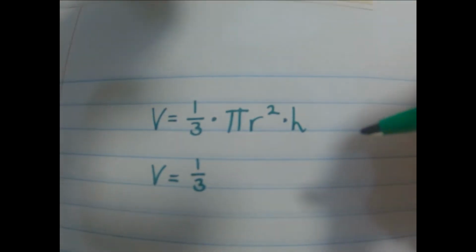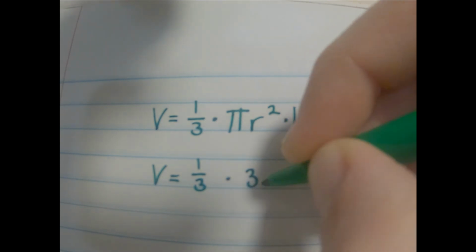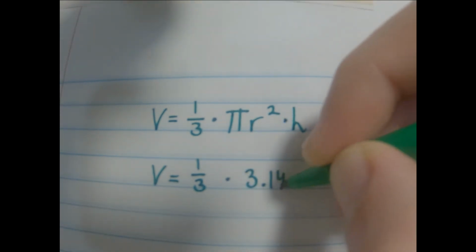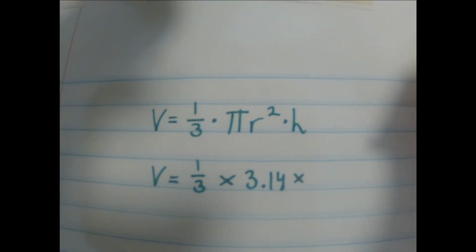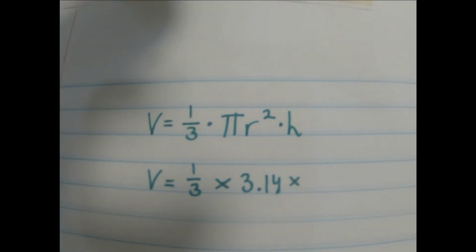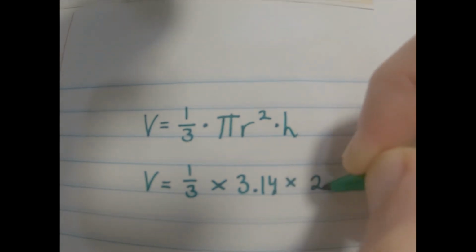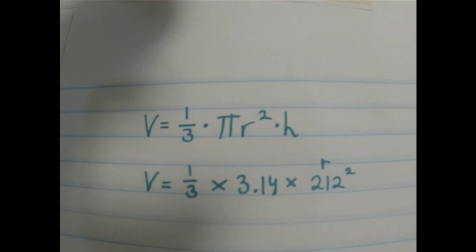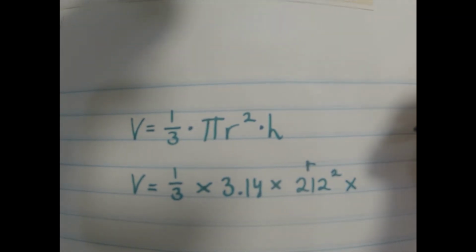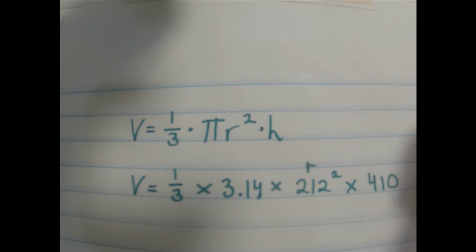So I'll plug in what I know. I know 1/3 stays intact times 3.14 times my radius, but it's not giving me a radius, it's giving me a diameter of 424. So in order to find my radius, I'm going to divide 424 by 2 to get 212 squared times my height of 410 meters.